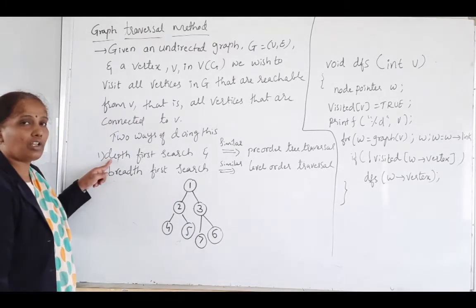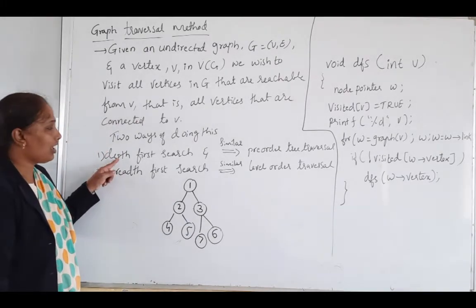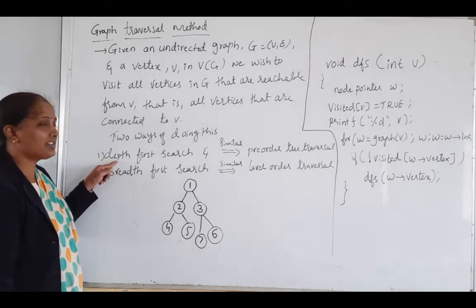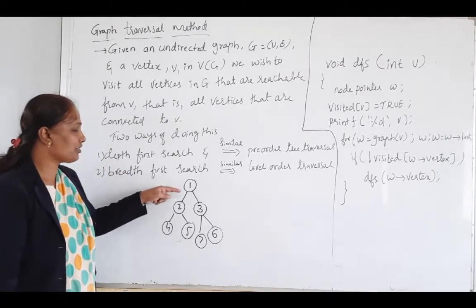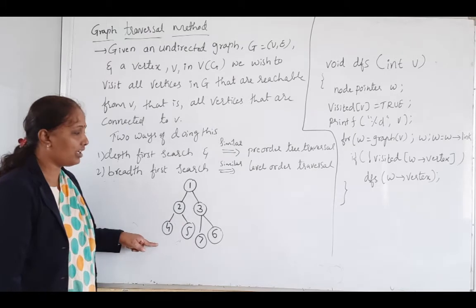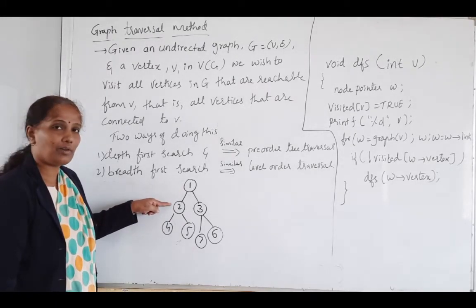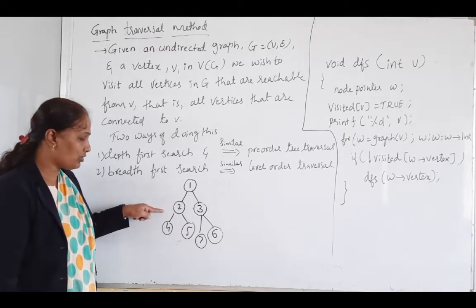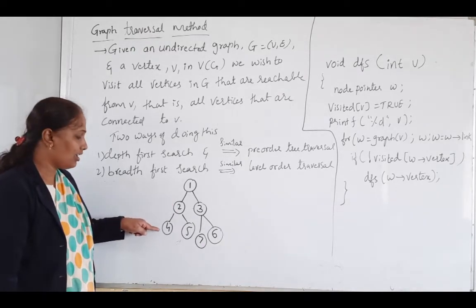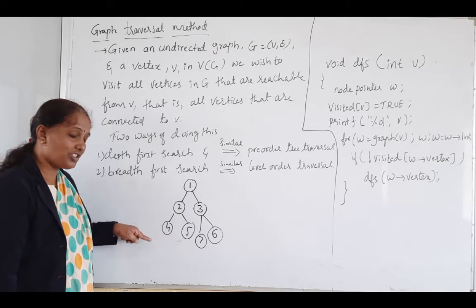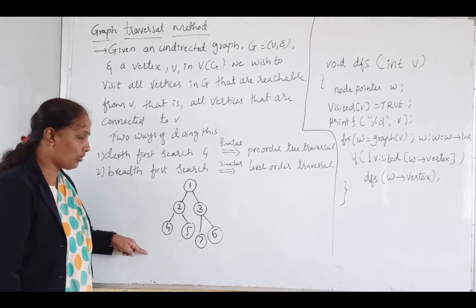Okay, so which method are you applying? Depth first search. The name itself indicates you go on searching the vertices in depth. You are going to start with one vertex, then check the connected vertices, then check the connected vertices of that, and so on.